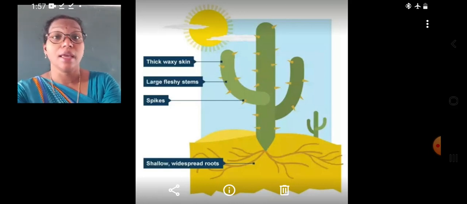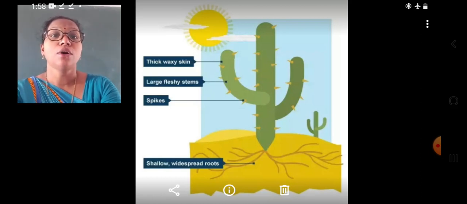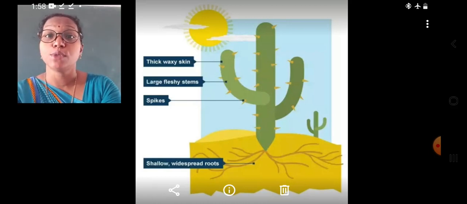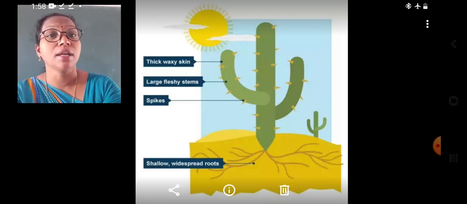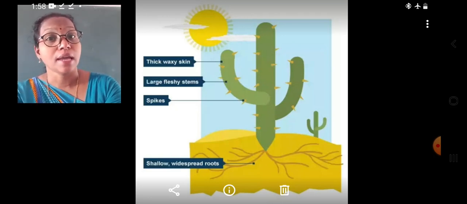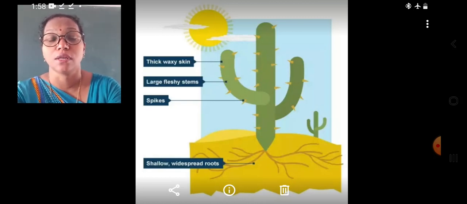When there is a little rain in the desert, the shallow widespread roots absorb the water quickly and store this water in the stem of the cactus plant. The leaves are reduced into spines. This adaptation helps reduce the water loss through the process of transpiration.